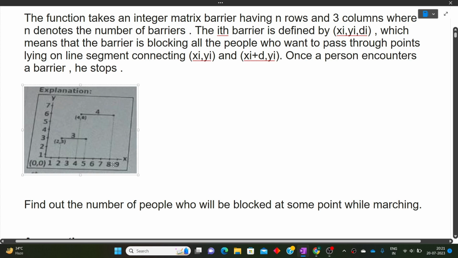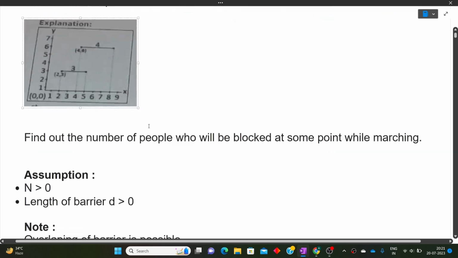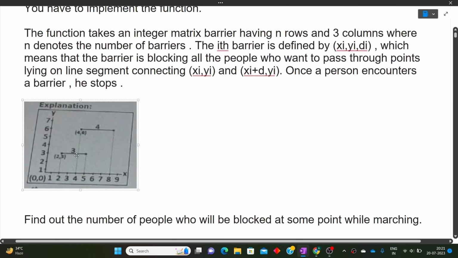Next is 6, 7, 8. When the person starts moving from 6, 7, 8, they will move towards the positive y-axis and be blocked by this barrier. So 3 more: 2, 3, 4, 5 by this barrier and 6, 7, 8 by that barrier. So a total of 7 people will be blocked by these barriers that are given to us. And again, the answer for this particular diagram will be 7 only.